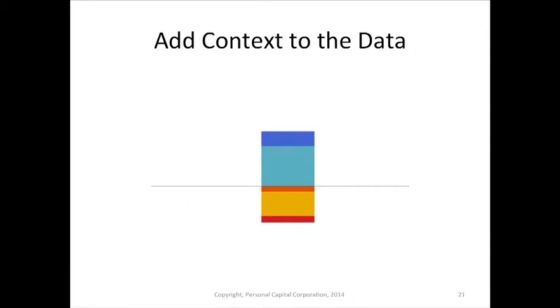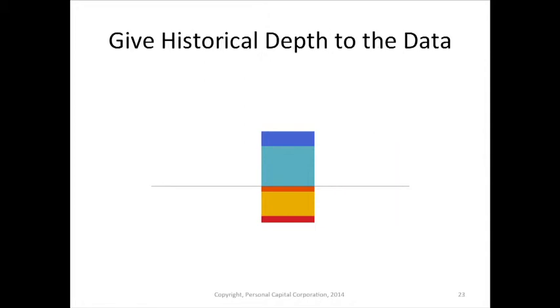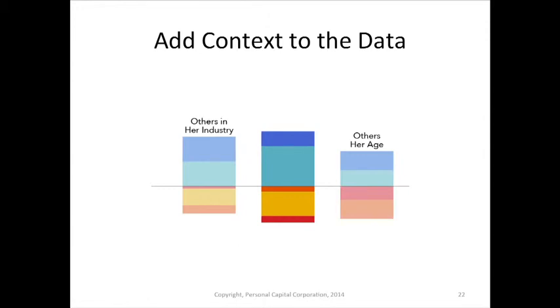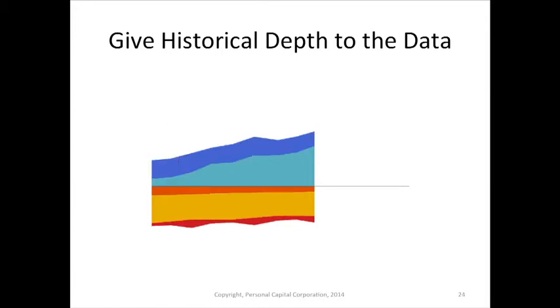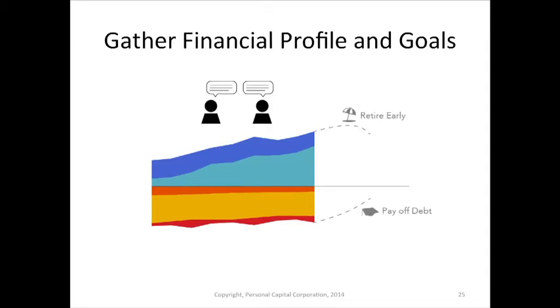We also need to provide a wide-angle view and context for her data. Comparing it to market and her cohorts, historical depth is extremely crucial. We persist a snapshot of the model every day to understand historical patterns and behaviors. We need to augment the analytical part of her financial model with the emotional aspect of her money.